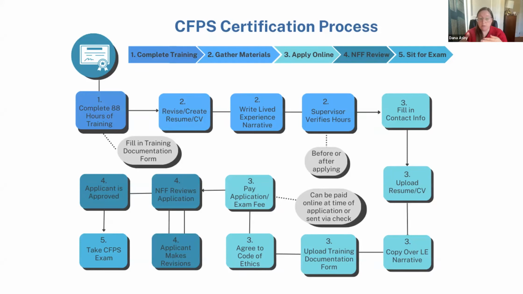During this training, we'll talk about ways that you can support your candidates so that the revision process is quicker and maybe doesn't happen at all because they get it all perfectly right the first time. And then once the applicant is approved, they get to take the 120 online question exam.